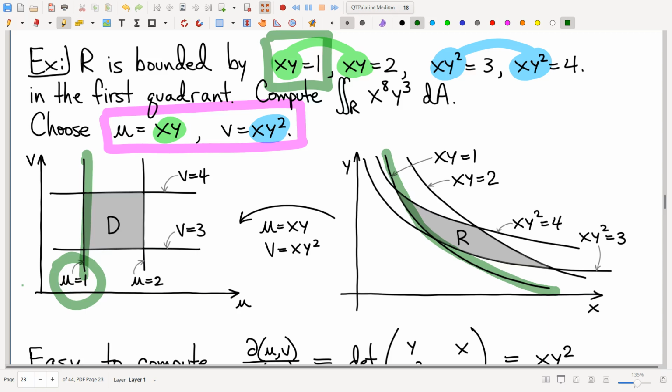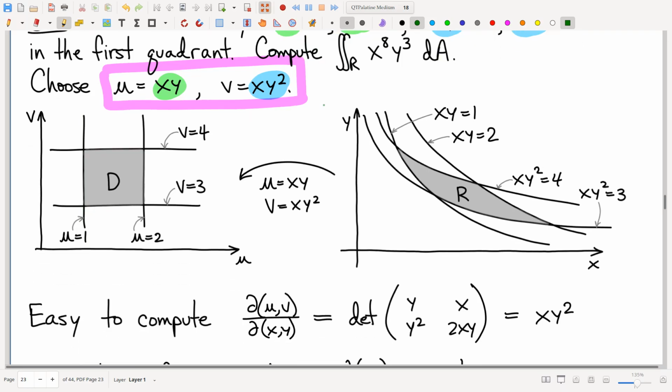So yes, slick move, and again, the bad news with this slick move is that it's going the wrong way. And so what can I compute? The stretching factor that I can compute here is partial uv partial xy, because u and v are what I have. I have formulas for u and v. I don't have formulas for x and y. I can't compute from what I have here, at least not directly, partials of x and y, because I don't have formulas for x and y. So I'm going to have to compute the one that I can.